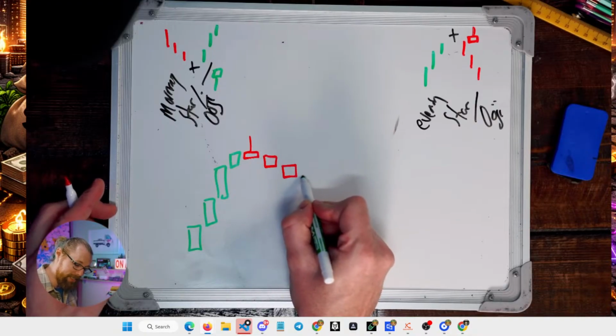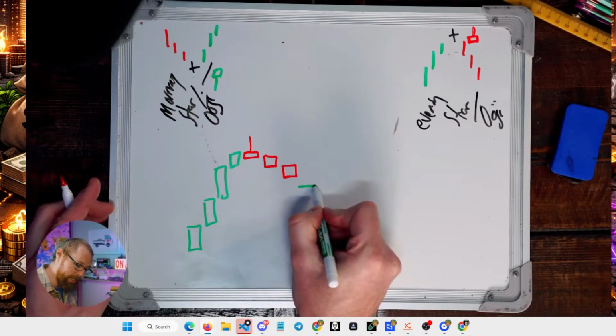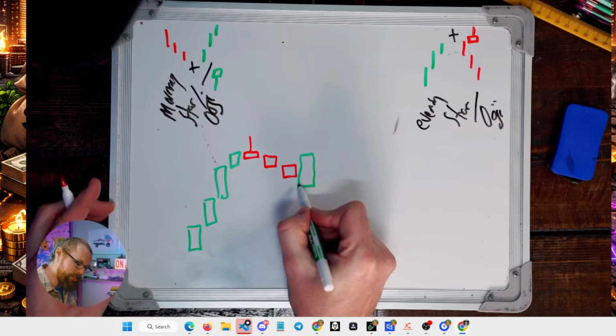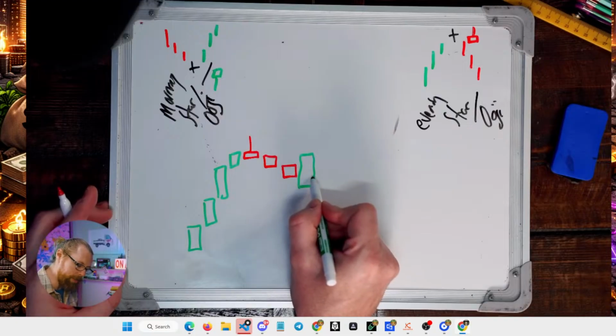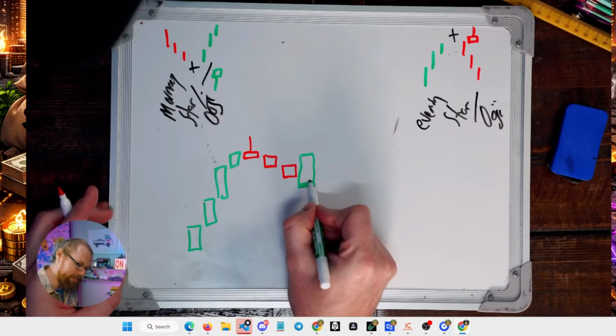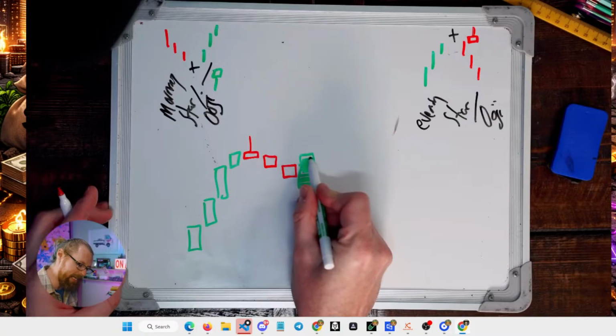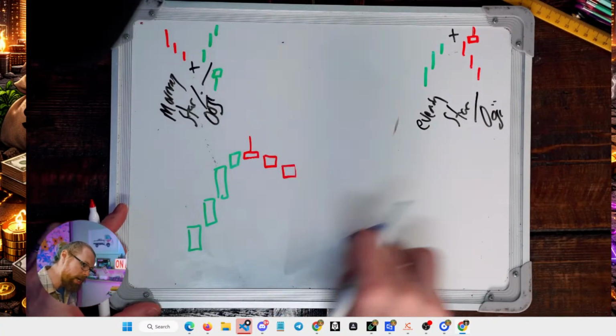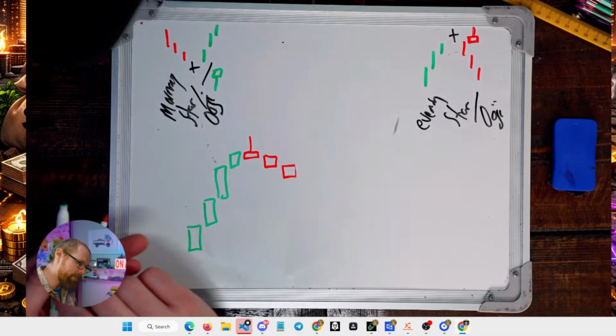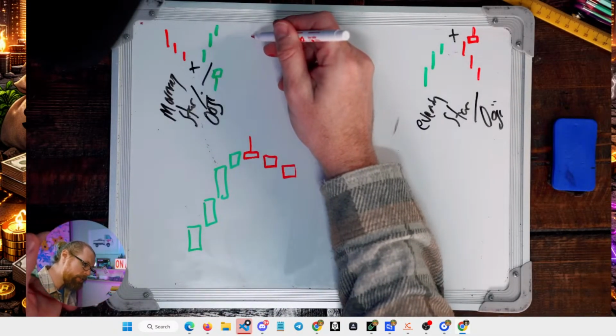Usually it opens at more or less the same price that it closed. So it has to open lower and then close higher. It just doesn't typically happen that in that exact second when this candle closes and the next one opens, suddenly the price drops to give the opportunity for that bullish engulfing candle to form. So typically a bullish engulfing candle does not occur on an intraday chart, but it does occur on daily charts.